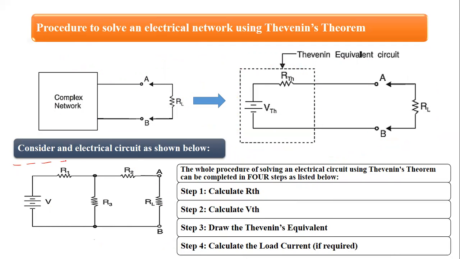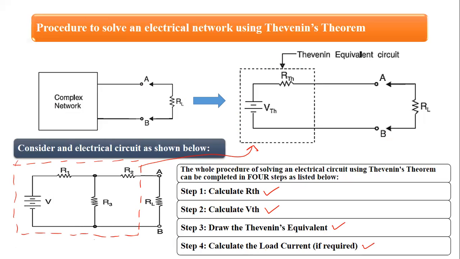So this part of the network, this complete part, apart from the load resistance, will be replaced with a Thevenin's equivalent. The load will remain as it is. So first thing, we need to calculate the Thevenin's resistance. Then we need to calculate the Thevenin's voltage. Then we need to draw the Thevenin's equivalent. And finally, we will calculate the load current if required.